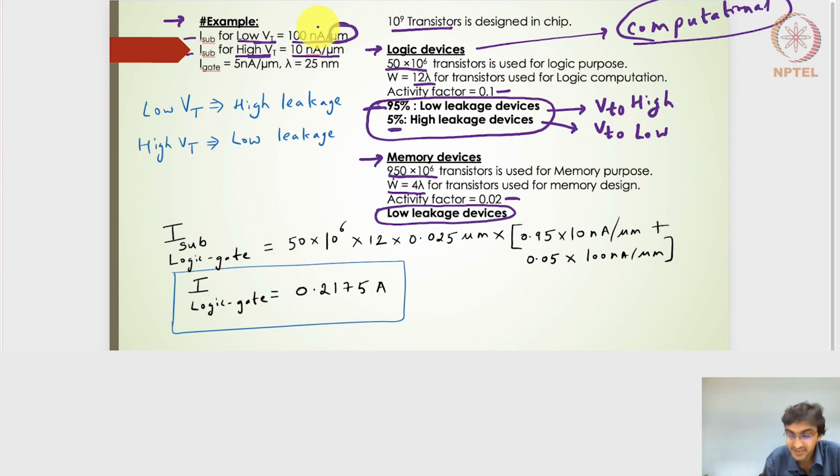For a transistor of the low leakage devices, which use the high VT0, the leakage is 10 nanoamperes per micron multiplied by the width of the transistor. The width of the transistor is 12 lambda, where lambda for a 65 nanometer technology node is 25 nanometers. I'll have to express this in microns, so 0.025 microns.